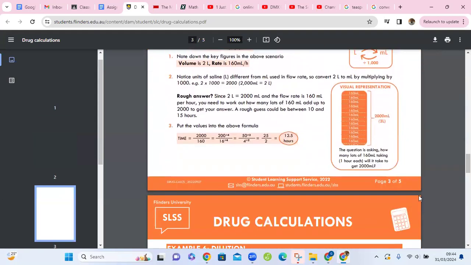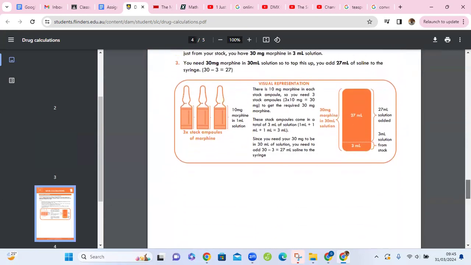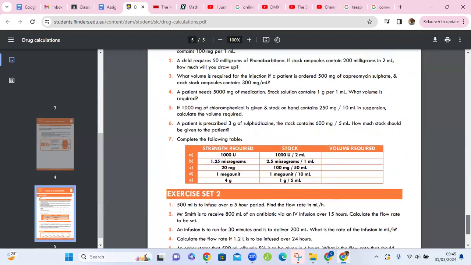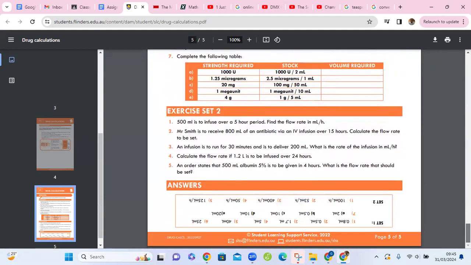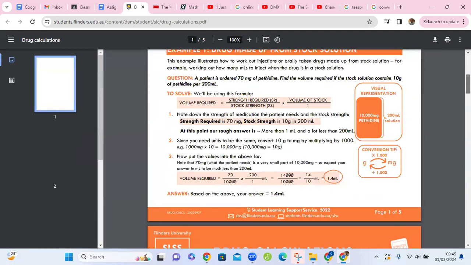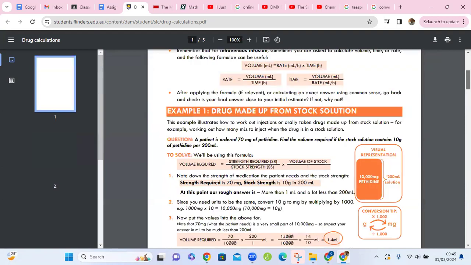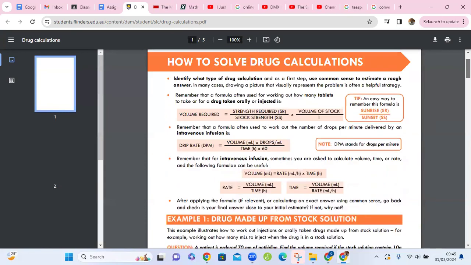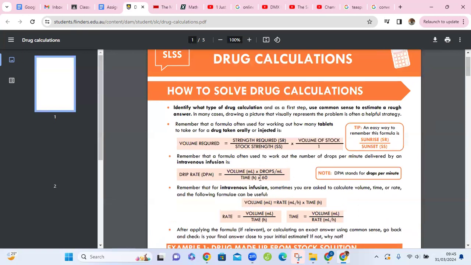Very interesting presentation with regards to the application of these, and here are some exercises, and the answers are provided. But for this session, we are basically only dealing with example number 1. As you can see, it's just the application of these formulas to different questions.